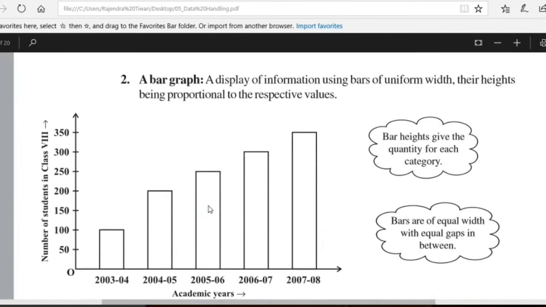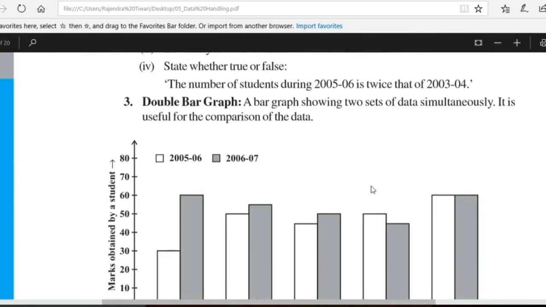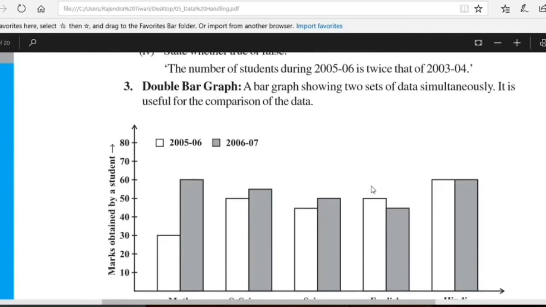Second thing is bar graph, a display of information using bars of uniform width, their heights being proportional to the respective values. This is called bar graph. You have already studied this in the previous class. And the third one is double bar graph, a bar graph showing two sets of data simultaneously.